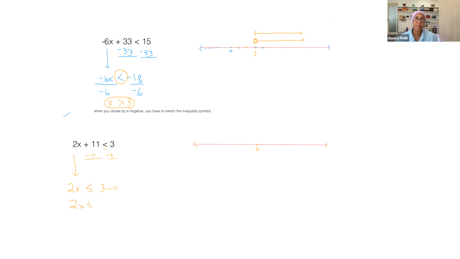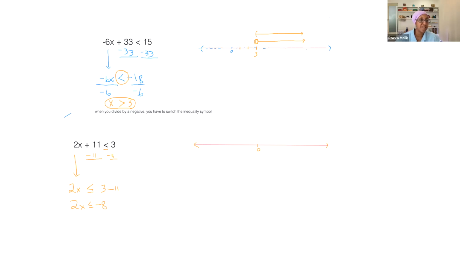Three minus 11 is minus 8. Oh, what are you going to say? That's not right. It's still early, I give you a pass. Divide by 2. I have x less than or equal to -4.